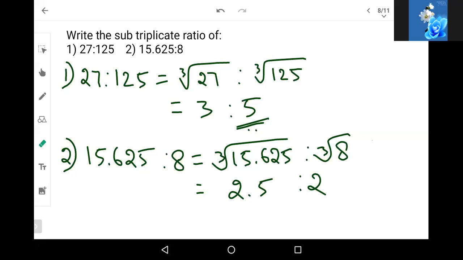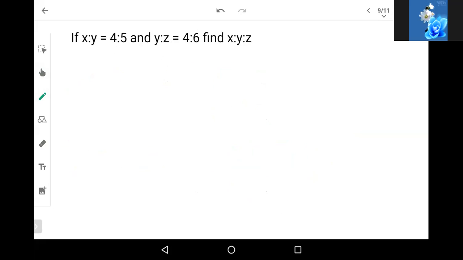But then please read the question properly. It is 15.625, not 15,625. Be very careful with that. Now, did you all understand this problem? Any doubts here with subtriplicate?